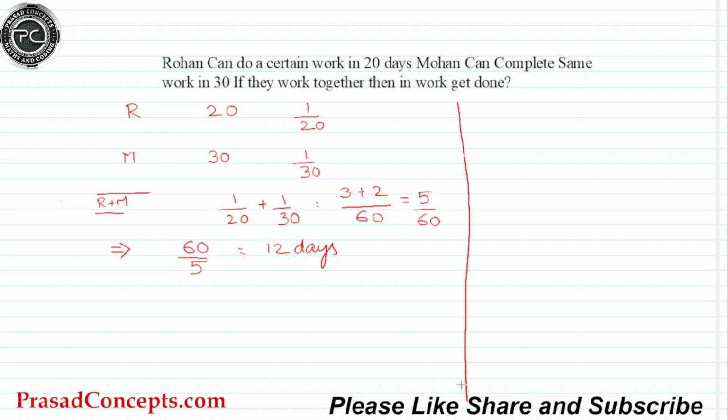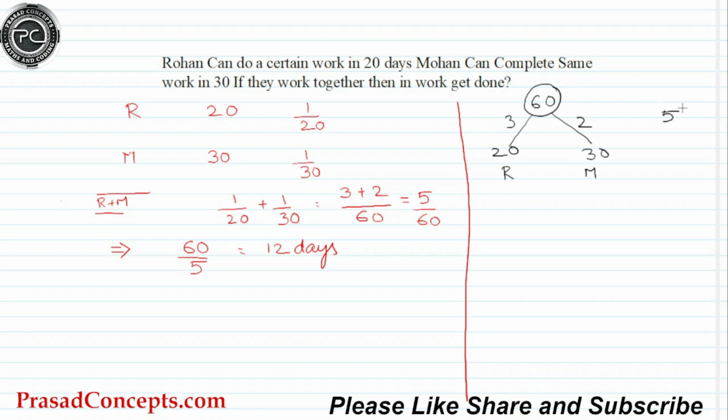Now I will tell you a shortcut. Rohan can do in 20 days, Mohan can do in 30 days. LCM is 60. 20 into 3 is 60, 30 into 2 is 60.